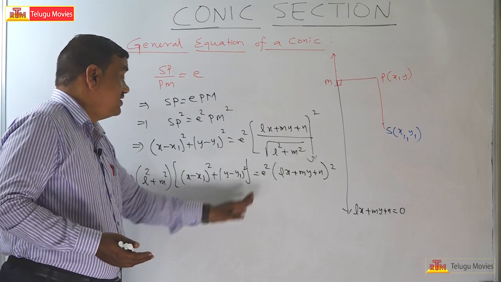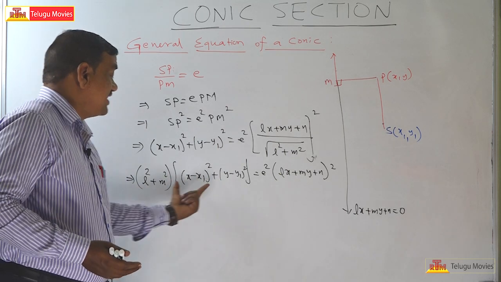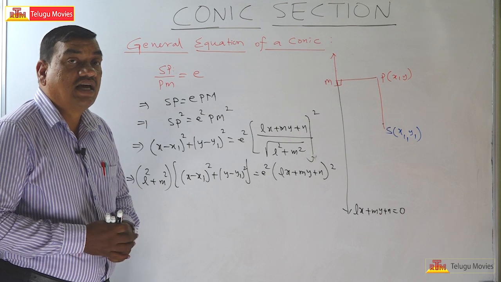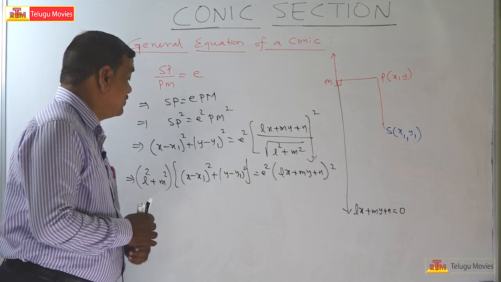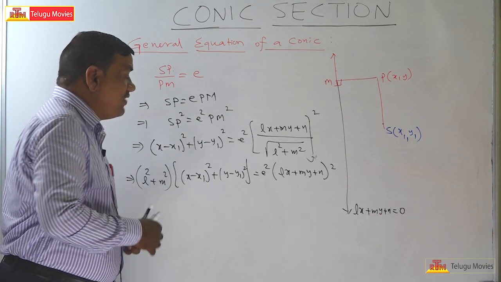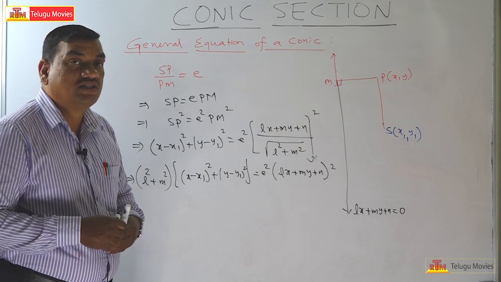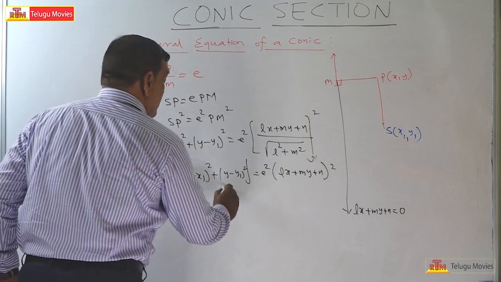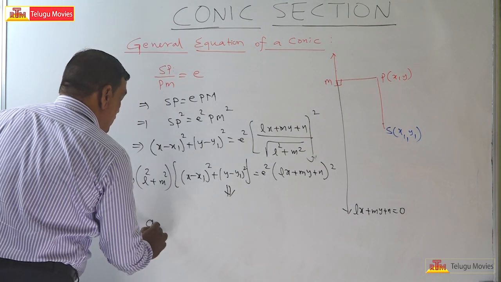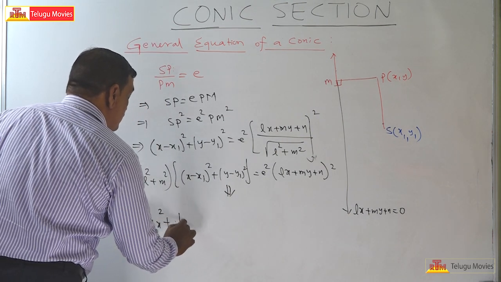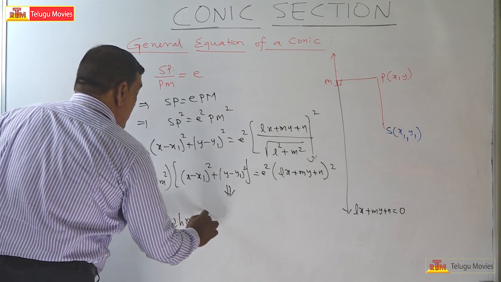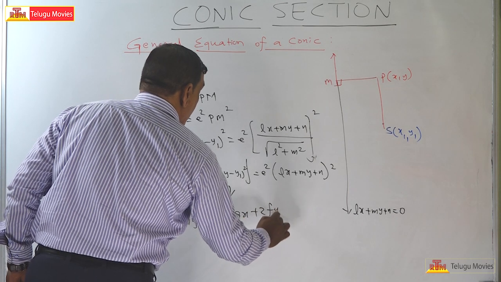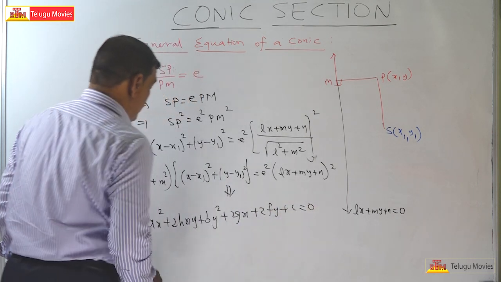Understand? So if e is equal to 0, then (x minus x1) whole square plus (y minus y1) whole square, you will get a circle equation. If you simplify this, you will get a general equation in second degree, that is ax square plus 2hxy plus by square plus 2gx plus 2fy plus c is equal to 0.